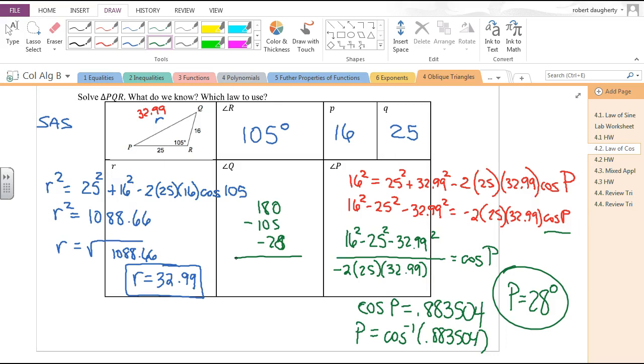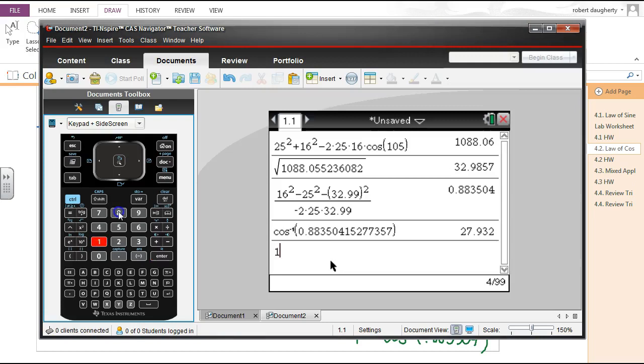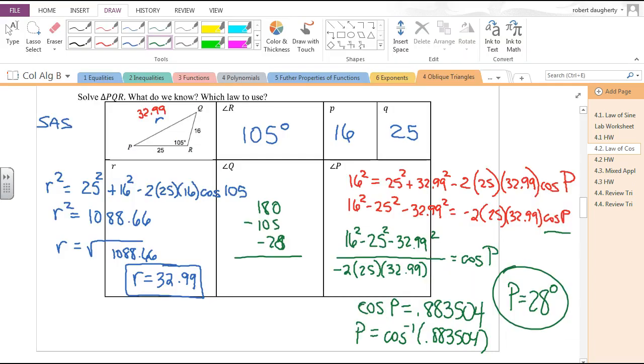I'll just do it on the calculator to be sure. 180 minus 105 minus 28 is 47. So 47 degrees, okay? Right, if you solve for Q first, then P would be the easy one, okay?